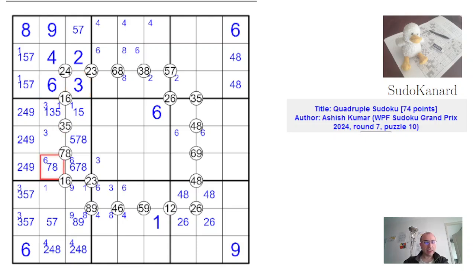Now 6 is not here. So this is 6. This is neither 2 nor 3. So inside this quad, 2 and 3 must be there, and 6 is not here. 6 is here, which means that 6 is there. And this is a 2, 3 pair.